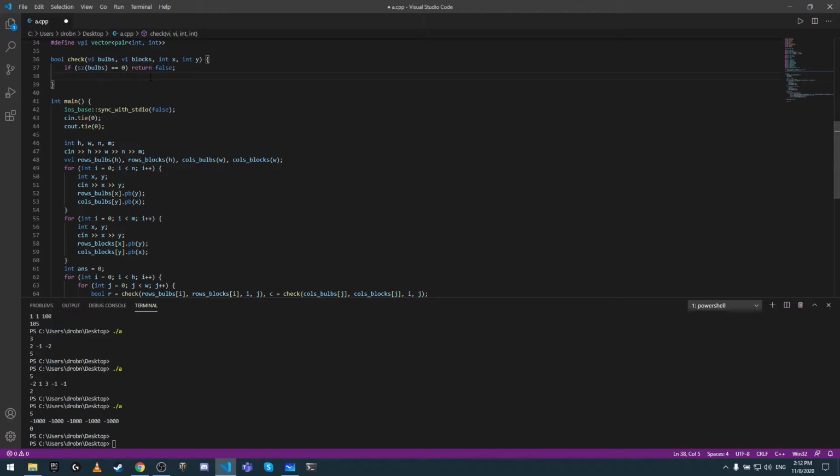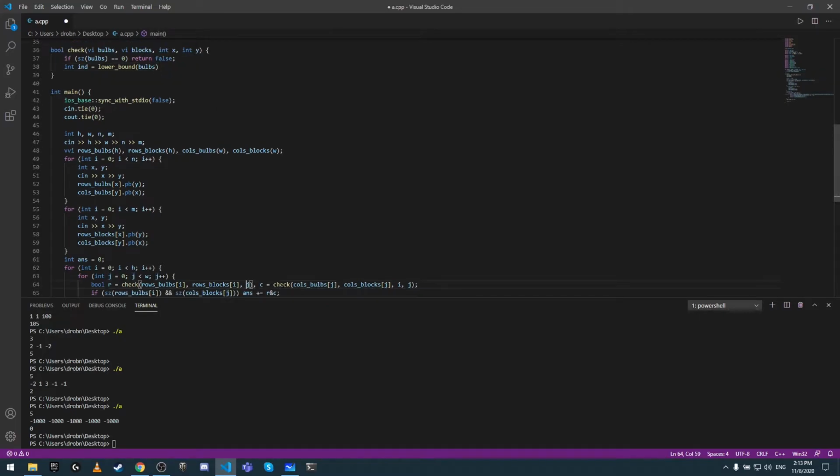So now we find the index of this. So now we do int equals lower bound bulbs, wait, we need to pass only j in there, right?